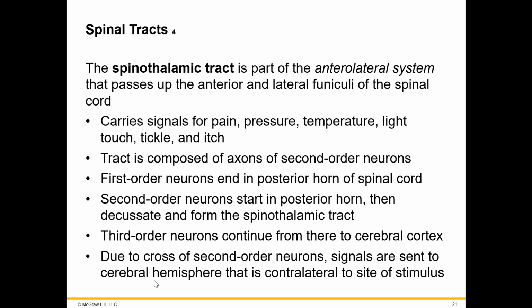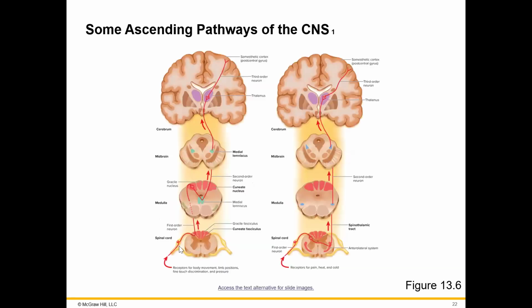Due to the cross of the second order neurons, the signals are sent to the cerebral hemisphere that is contralateral to the site of the stimulus. There we go. You guys see now? That's our spinal cord. Then we go up here into the medulla. Do you see the decussation? Did we decussate or not? We began here. Then did we decussate here?